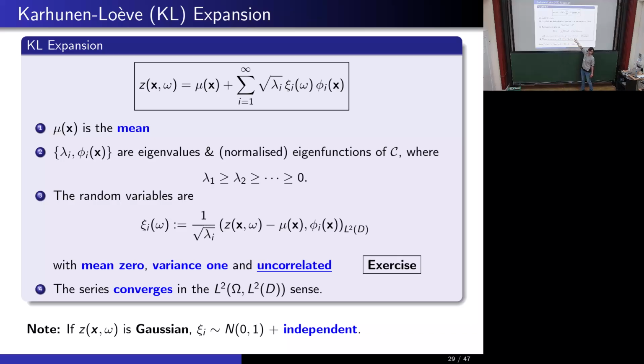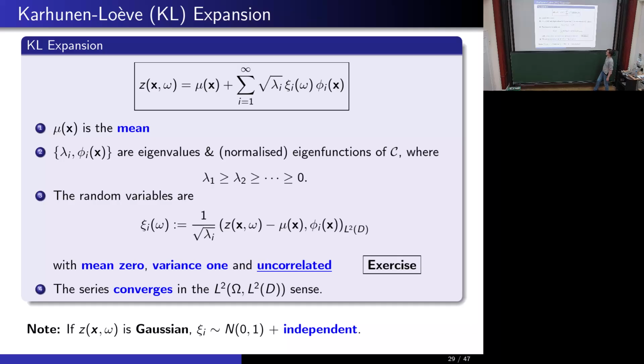That's going to be really important: this is a decomposition of this random field in terms of a countably infinite set of uncorrelated random variables. So that's what this gives you, a way of parameterizing, if you like, the uncertainty by a countable set of random variables that are defined this way. In general, uncorrelated does not mean independent.